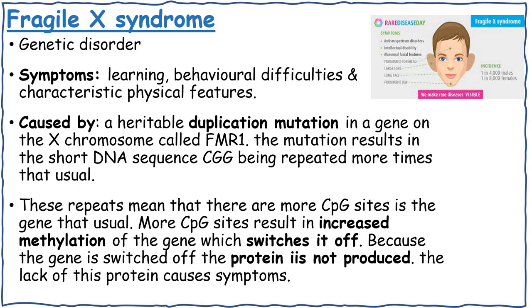These repeats mean that there are more CpG sites in the gene than usual, and more CpG sites results in increased methylation of the gene, which switches it off. Because the gene is switched off, the protein is not produced, and this lack of protein is what causes the symptoms.